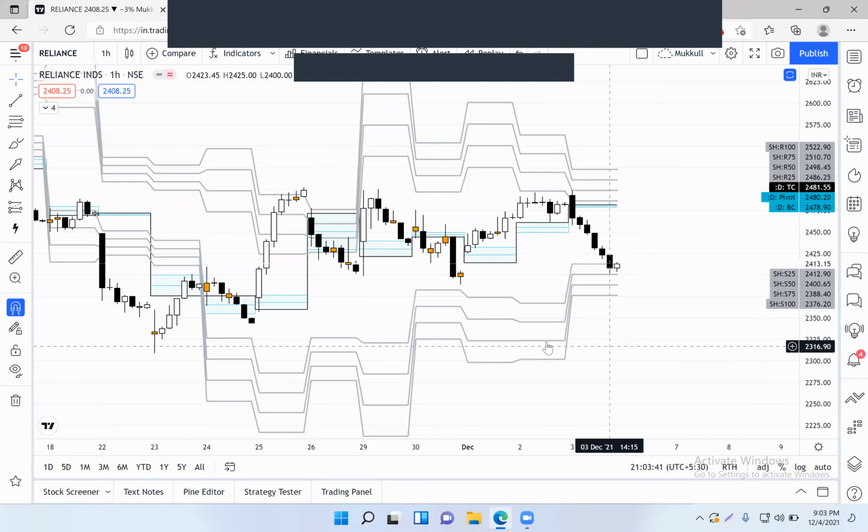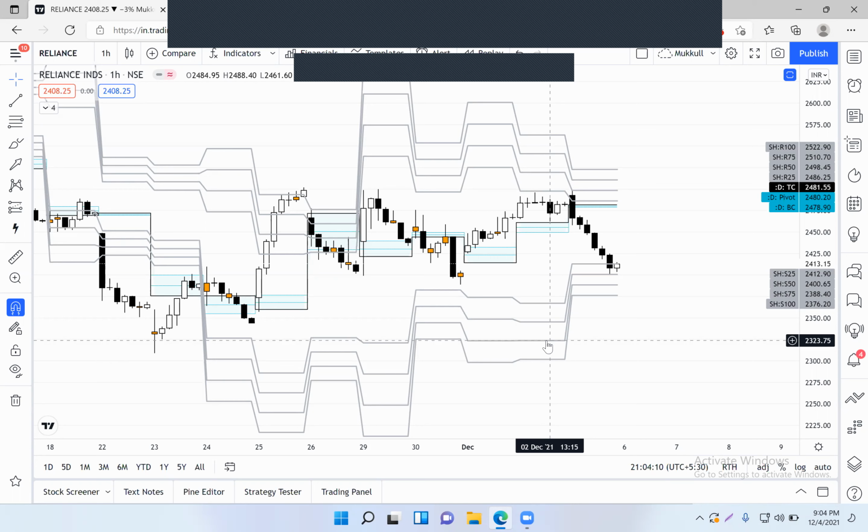Okay. So now we will come to our first setup, which is the low risk setup. Correct. So what does low risk mean? Low risk is simply, by the term, that your stop loss would be minimum, but the probability of targets, or the extension of targets, would be higher.